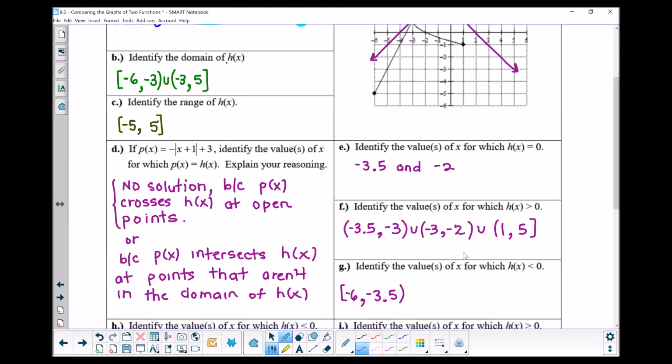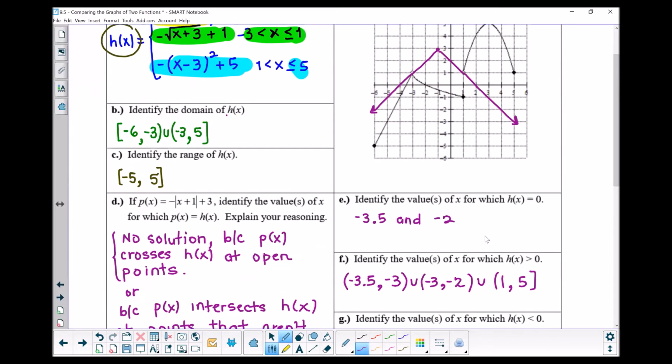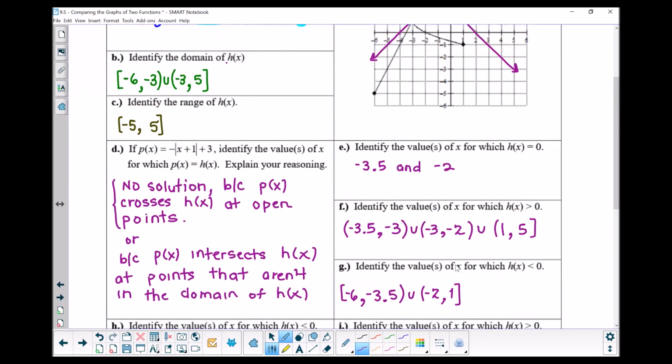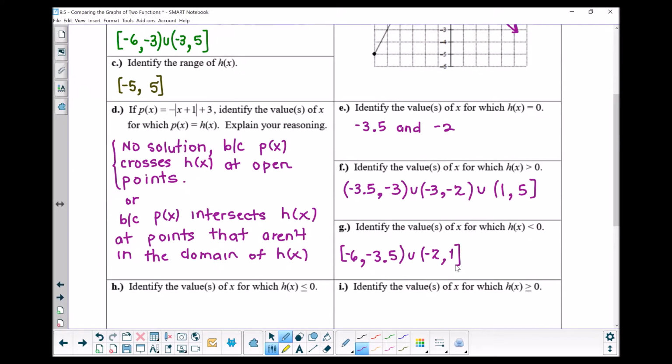And then we're going to be below the x-axis again from -2 to 1, I'm sorry. Do not include the -2, but let's do include the 1. But no more times are we going to see h of x below.